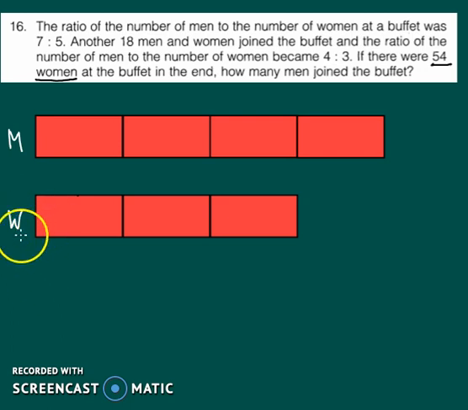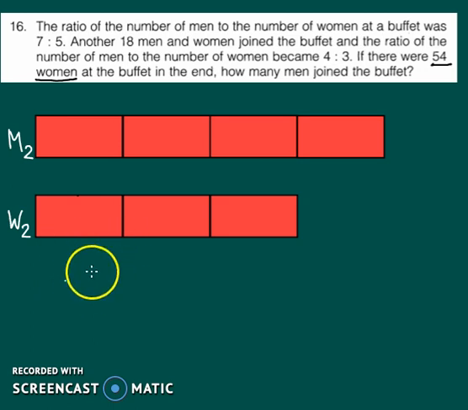So I'm just going to call this W2 and M2 to signify that this is how many people there were after 18 people showed up, so at the very end of the buffet. And we're going to think about the beginning a little bit later once we've made some calculations.